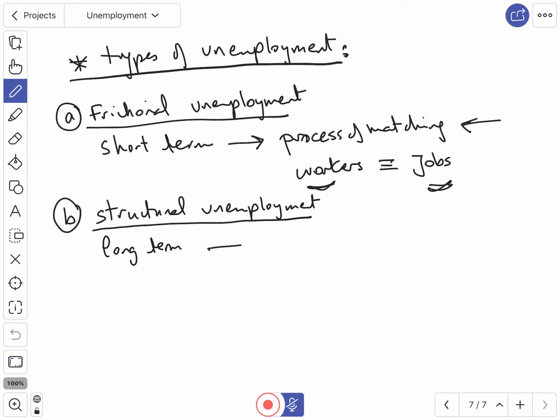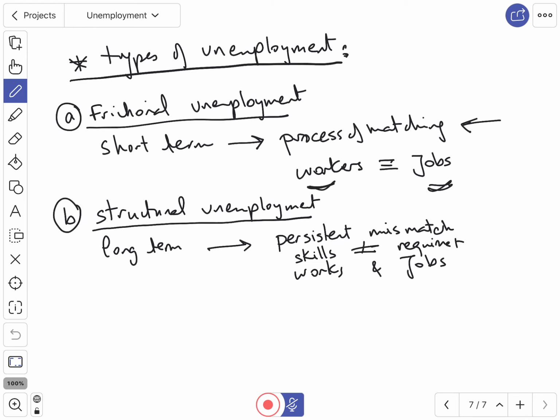You can think of it as being persistent, and this persistence is related to the mismatching between, again, workers and jobs. You think of workers as the skills, right, and jobs as the requirements. So these are not the same.